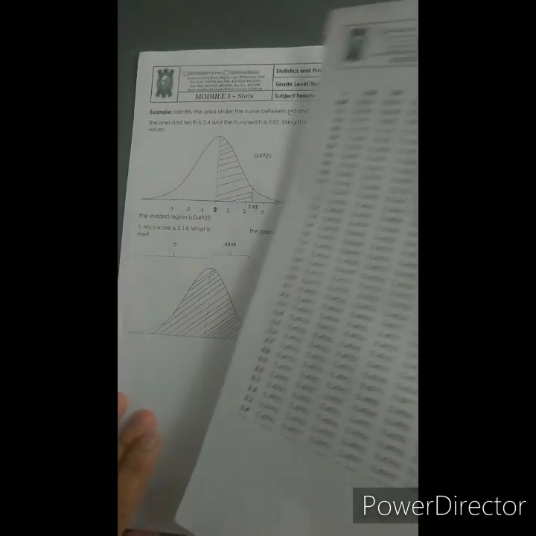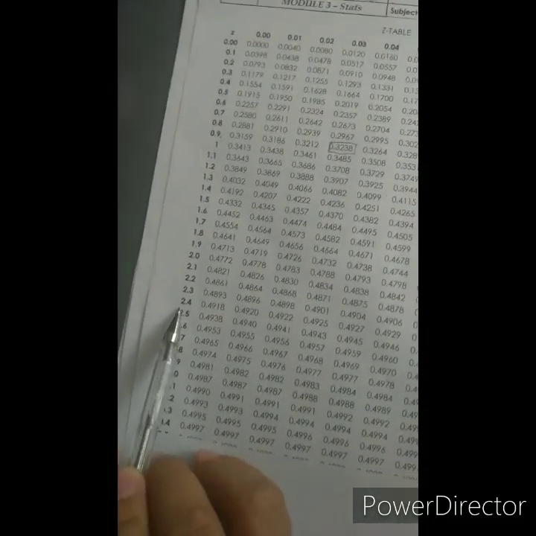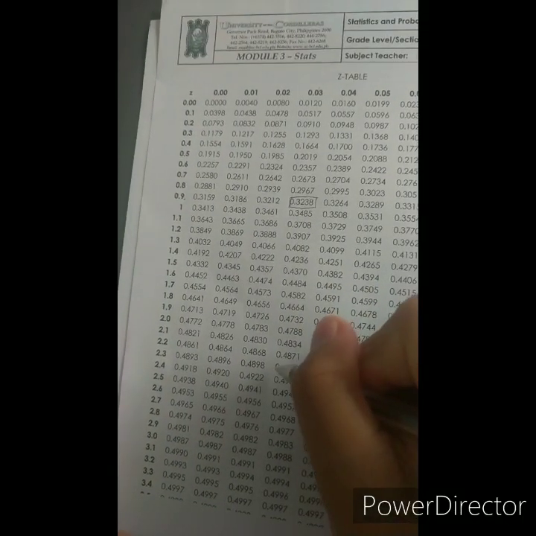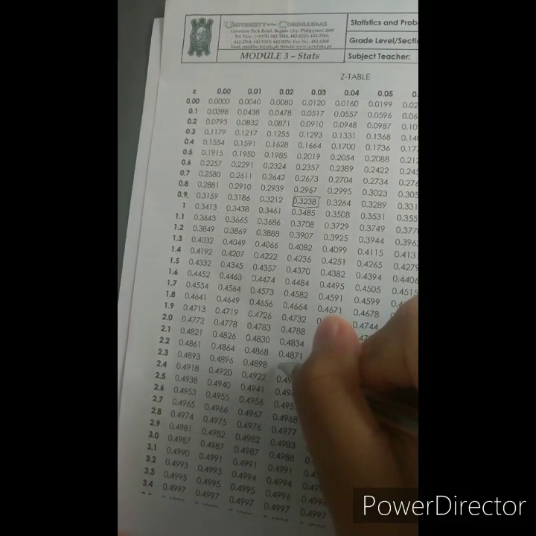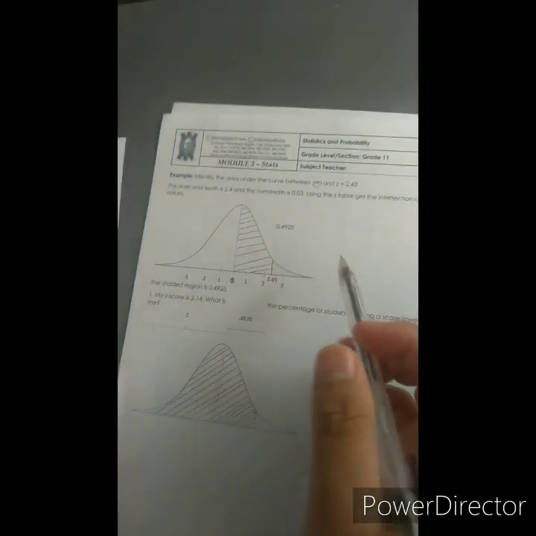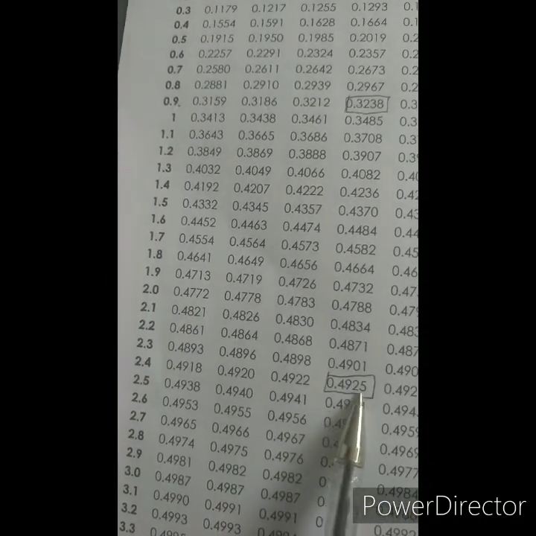Simply, we get first the area from 0 to 2.43. So, si 2.43. So, 2.4, 0, 1, 2, 3. So, ito siya. This one: 0.4925.